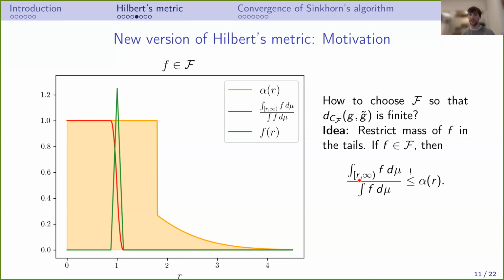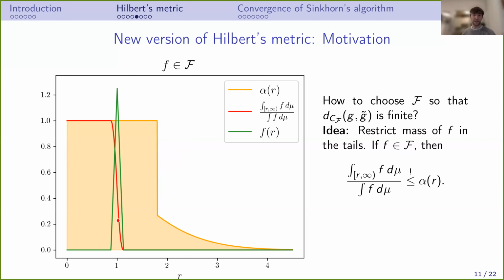So depending on where this integral starts. I visualize this here. This orange curve is what we predefine as this bound. Near the origin, we don't care too much, but once we get into the tails, we really want to restrict how much mass the function f can put into the tail.